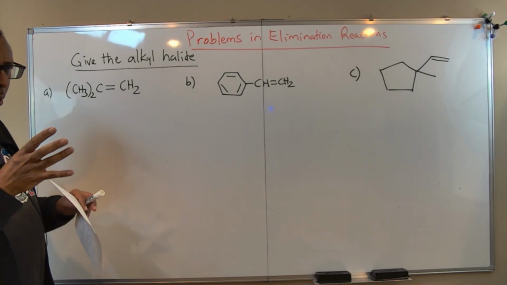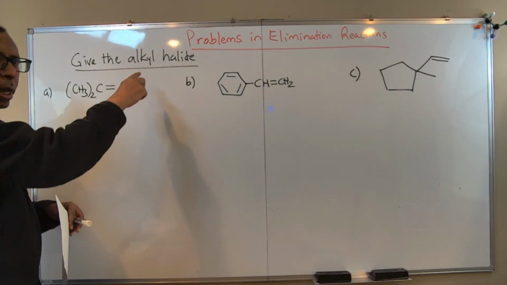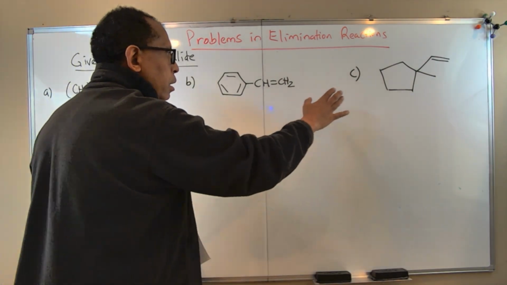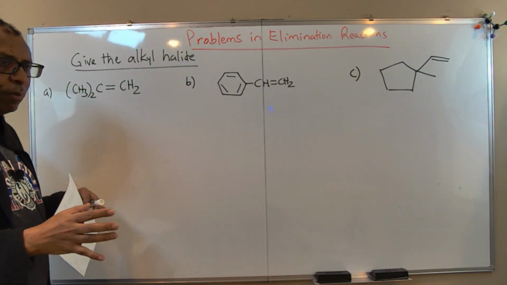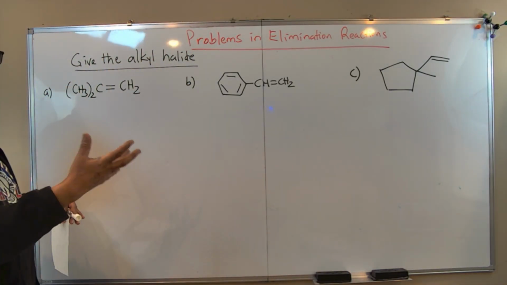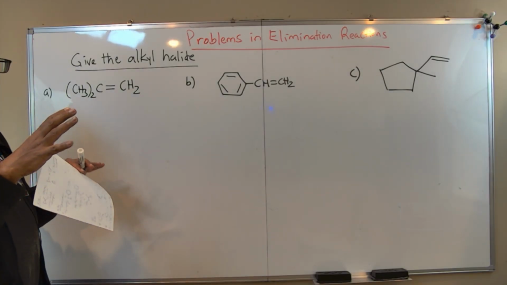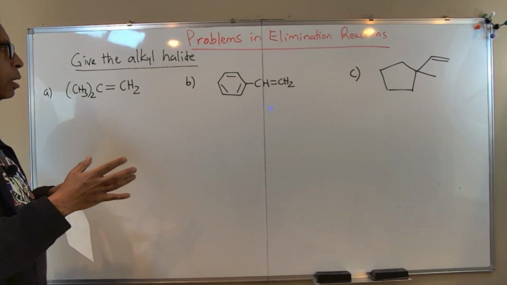So the question here is a reverse. They're asking you, what alkyl halide would you use to produce this as only product, without any competition for any other isomers, constitutional isomer? That means the position where the hydrogen and the halide would be is important.